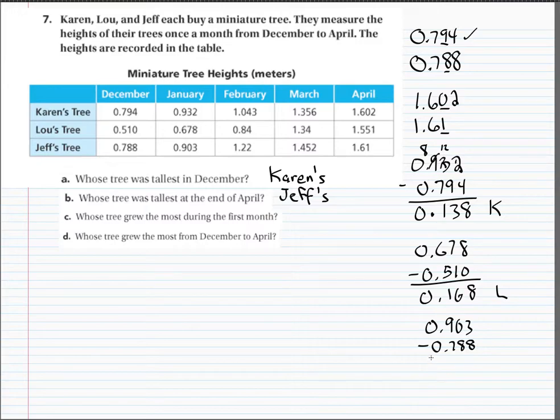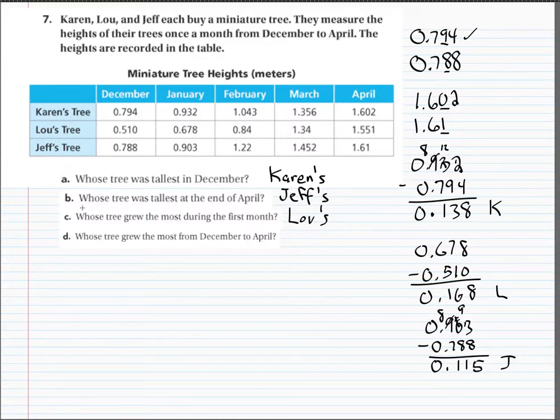If I subtract these numbers, do some borrowing, that becomes a 9. 13 minus 8 is 5. 9 minus 8 is 1, and 8 minus 7 is 1. Here's my decimal, and a 0. It still looks like Lou's the winner. 168 thousandths is definitely greater than Jeff's tree, which is only 115 thousandths. So Lou's tree is the winner here.